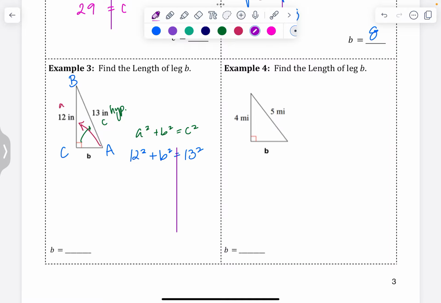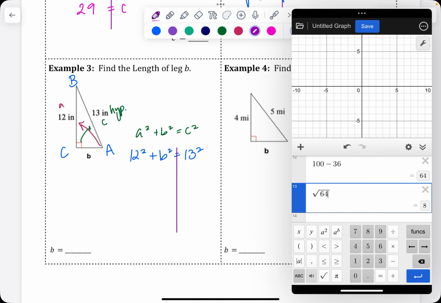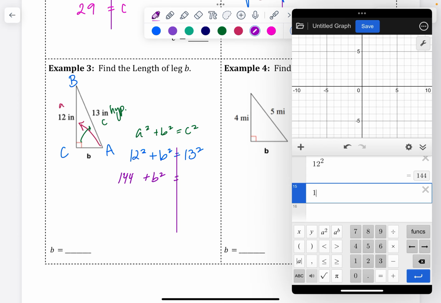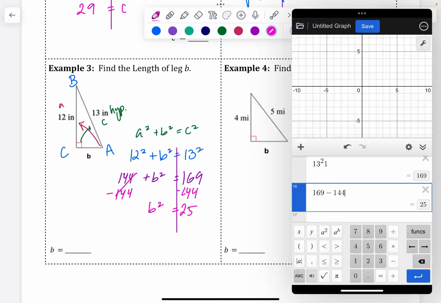Then we're going to solve. 12 squared gives me 144, plus my unknown of B squared is equal to 13 squared, which is 169. From there, I'm going to subtract 144 from both sides. B squared is equal to 169 minus 144. That equals 25.